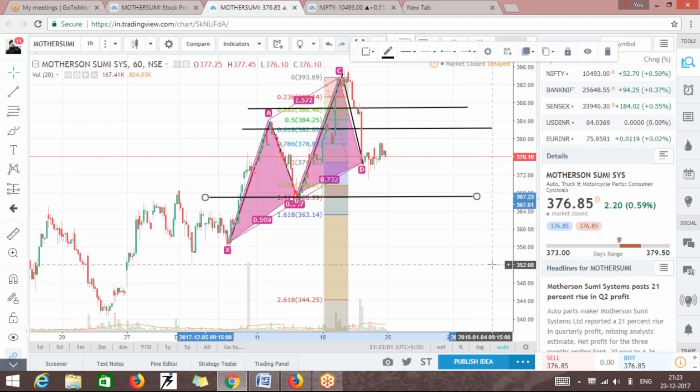So before taking this trade, we need to see what the risk reward ratio is. At 0.618 we have 382. So suppose a trade is taken at this level, at the downside of the end of the Gartley pattern, that is D point, almost 375, and we have a target of 382. This is the basic first target that should be taken.